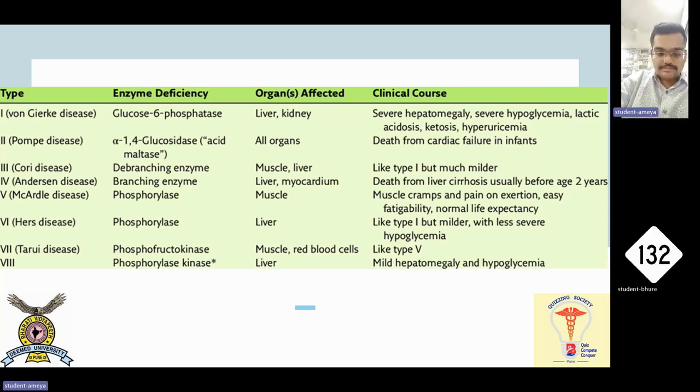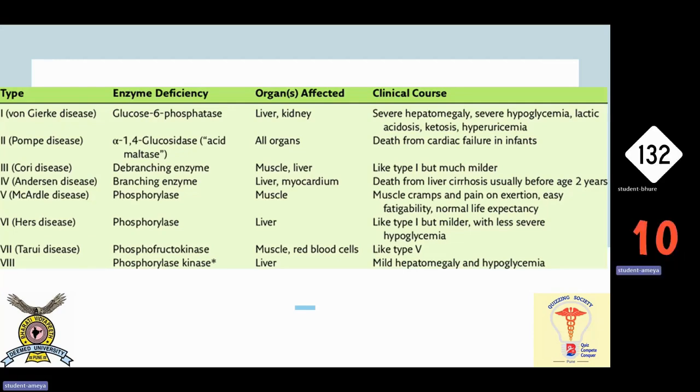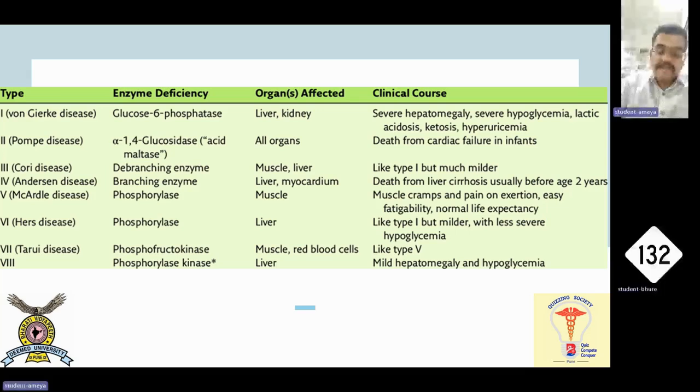So P for Pompe's disease and P for pediatric population. Now what is pediatric population best at doing? Apart from playing tantrums and crying all the time, pediatric population has a good heart.